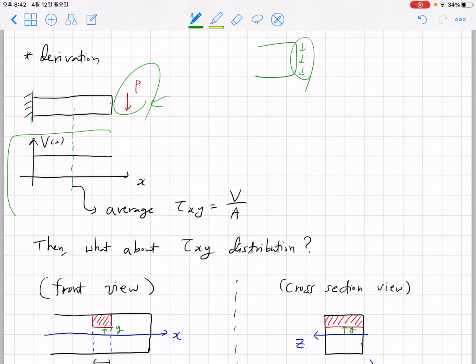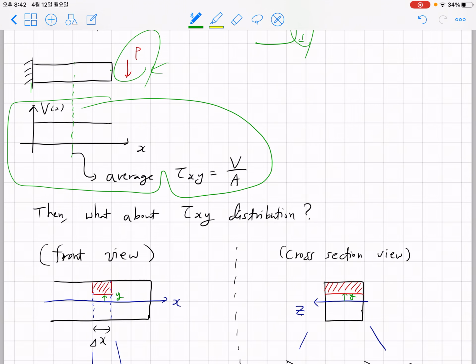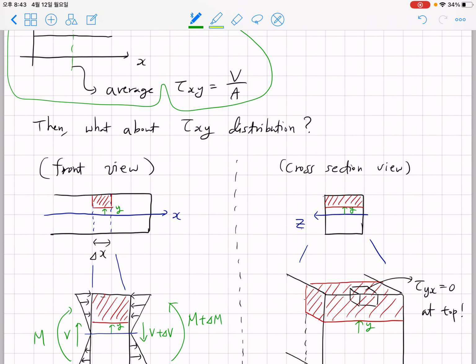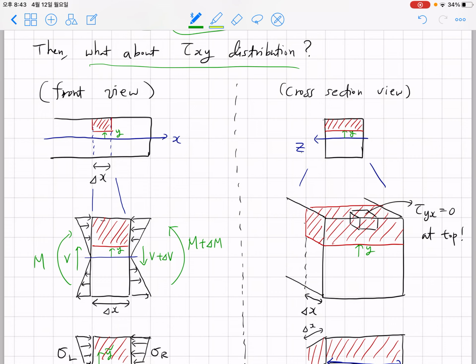And if you draw the shear force diagram, it will be constant over the entire beam. Then out of this, what about the tau xy distribution? So let's try to draw a free body diagram, and let's use our classical divide and conquer method. So this is the front view of the beam. This is the cross-sectional view of the beam.